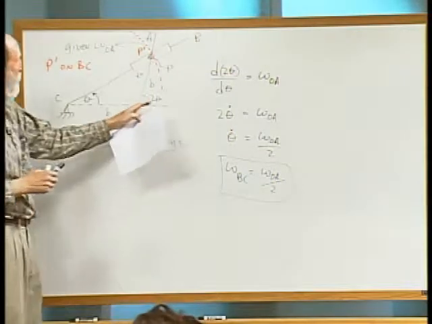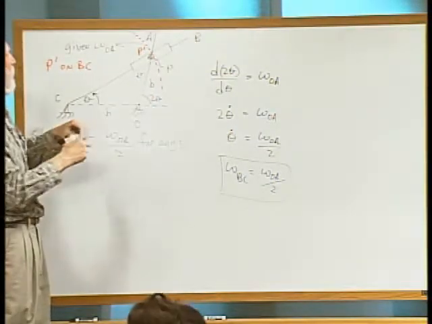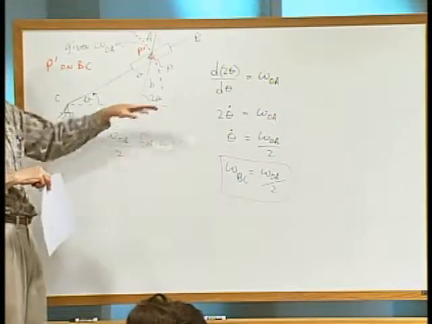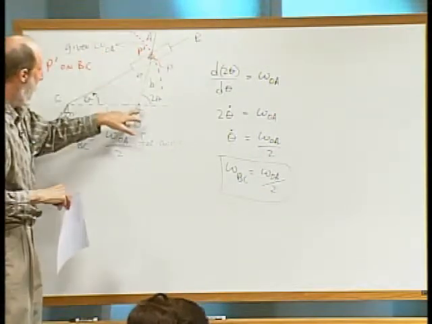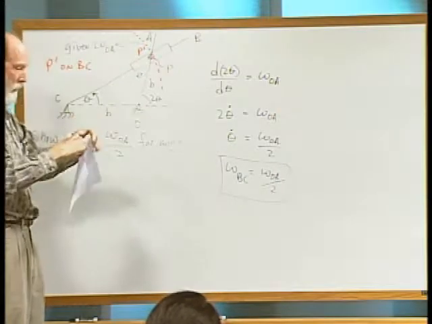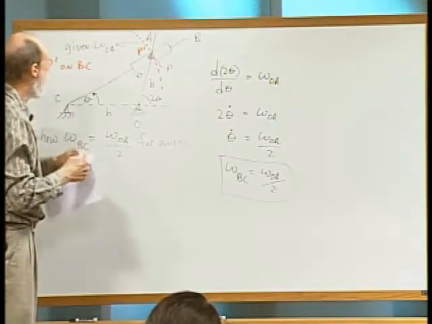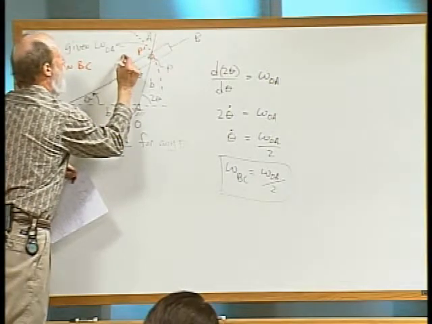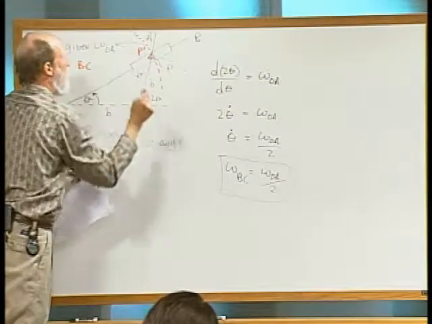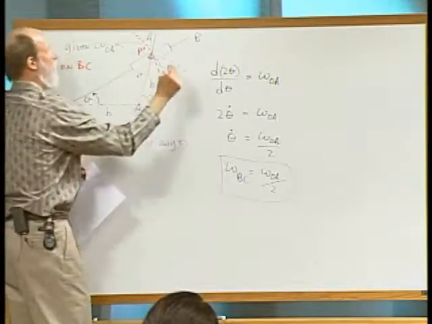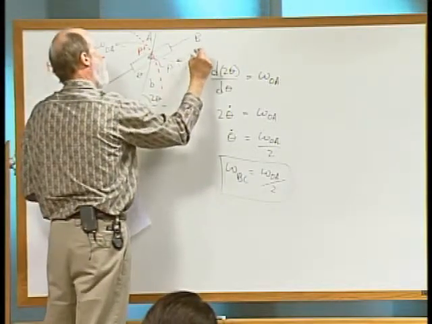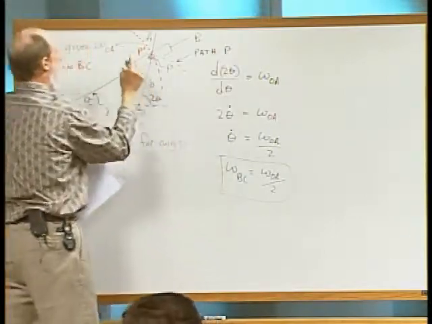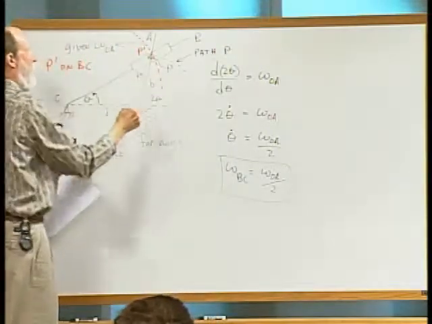As you allow 2 theta to increase some, what's the motion of point P? Circular path about this point. Okay? So what you want to do in those kinds of situations is draw those apparent paths. So this is the path of P, and the orange path is the path of P prime.